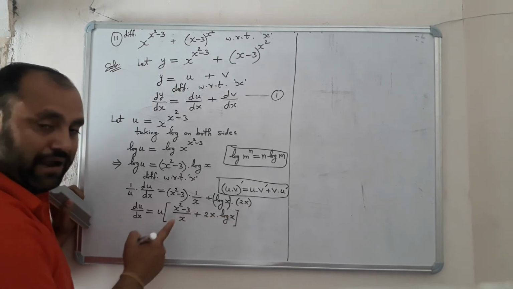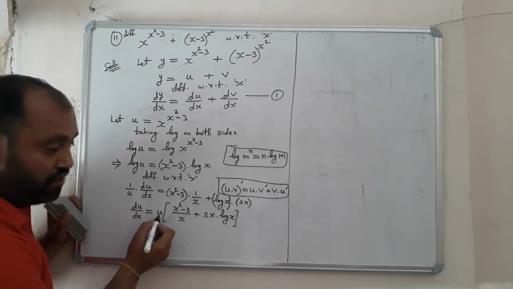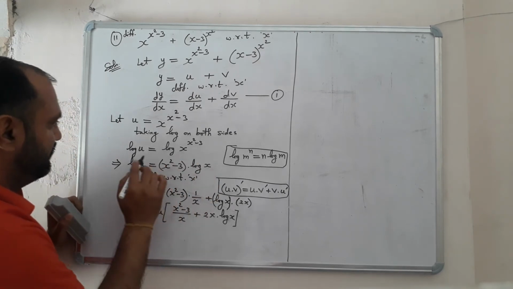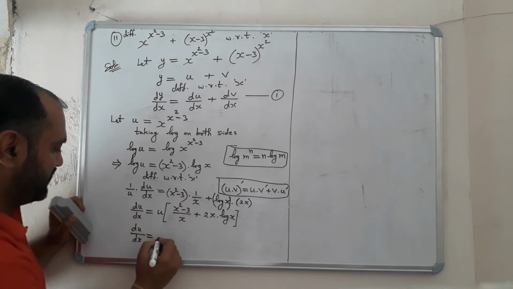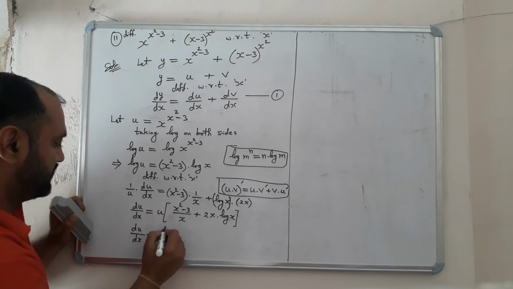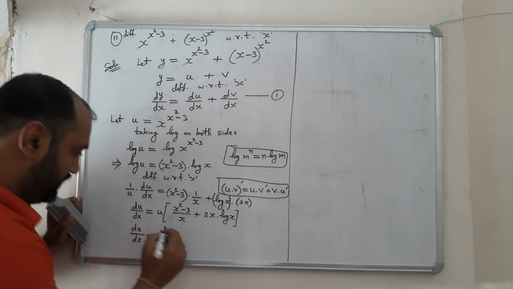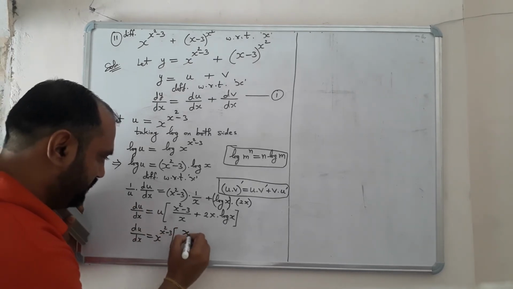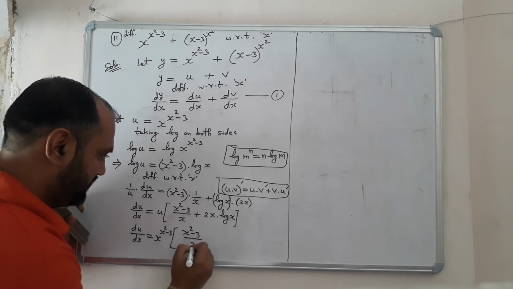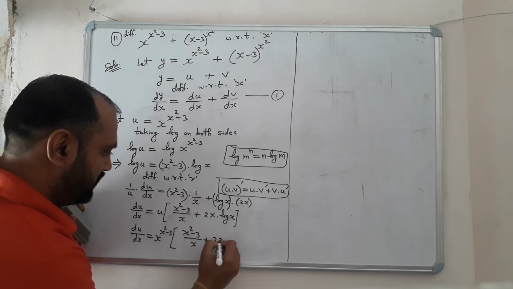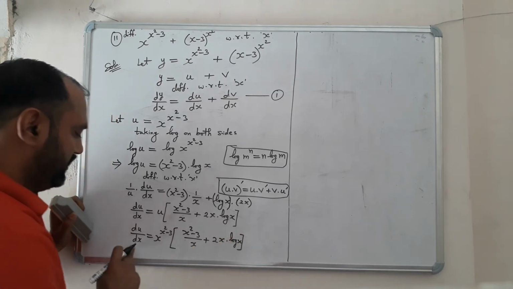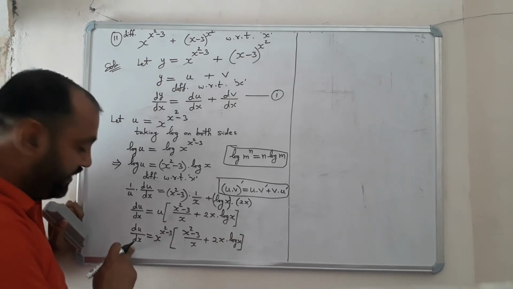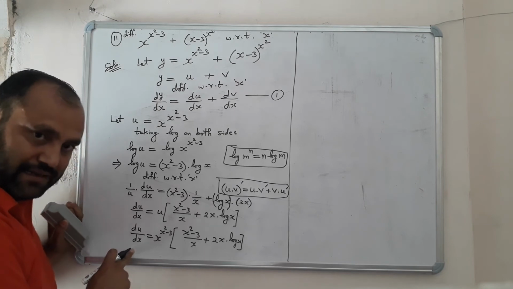Now at last we are putting the value of u. What is the value of u? The value of u is x raised to the power x square minus 3, and this is into x square minus 3 over x plus 2x into log x. So this is the value of du upon dx.